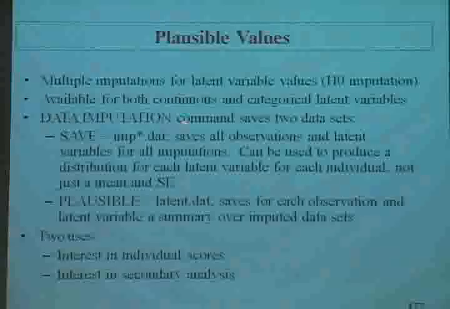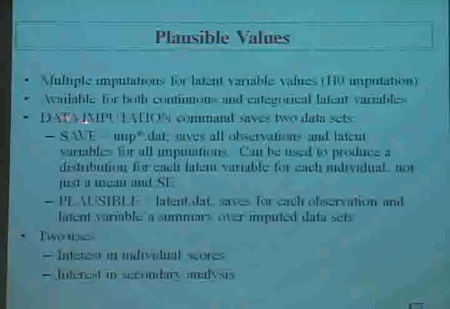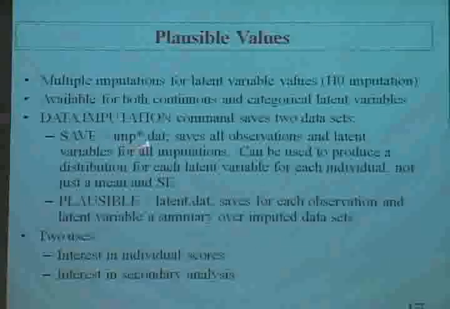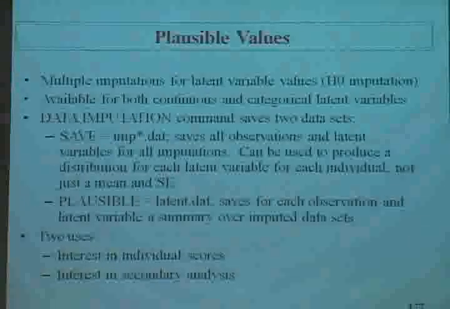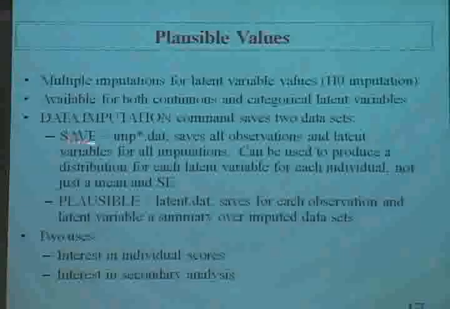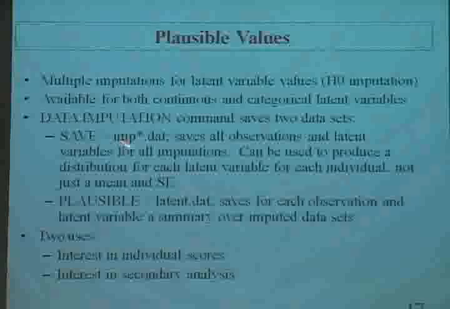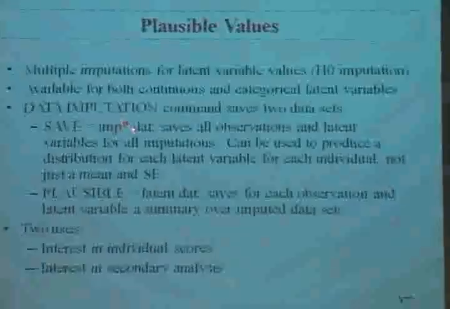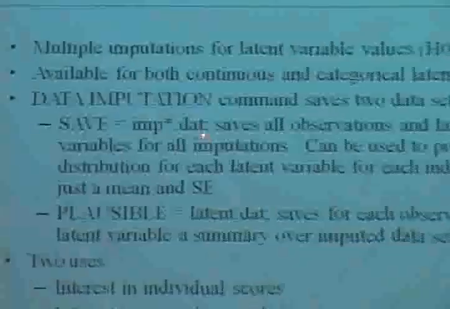Again, this is part of the data imputation command. You have two useful options here to save the plausible values. The first command, save, gives the name of the files that are going to be saved, with a star symbol and .dat.